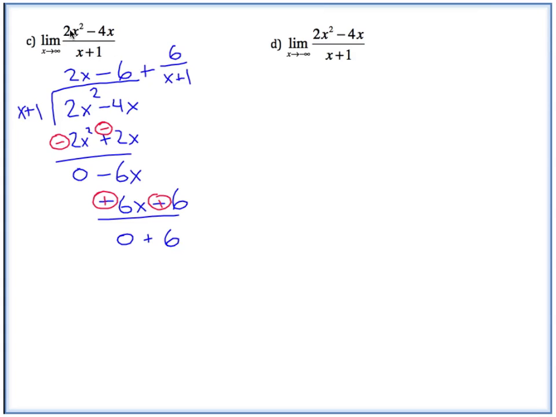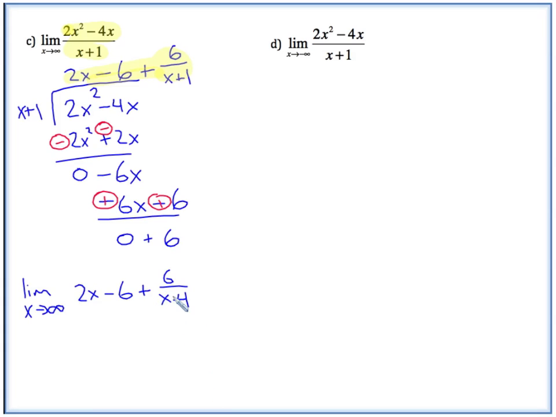Now, what we did here is we know that this function and this function are the same thing. And so we're going to rewrite our limit now using our new function, the limit as x approaches infinity of 2x minus 6 plus 6 over x plus 1.